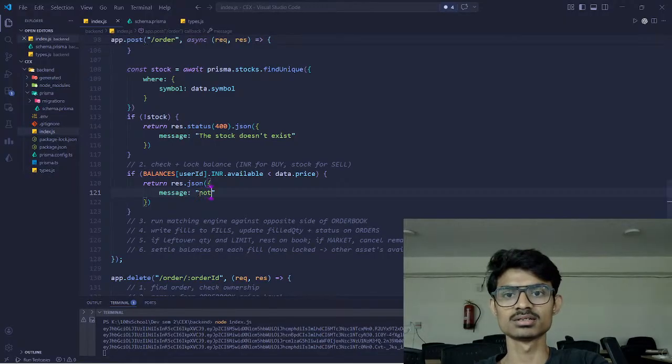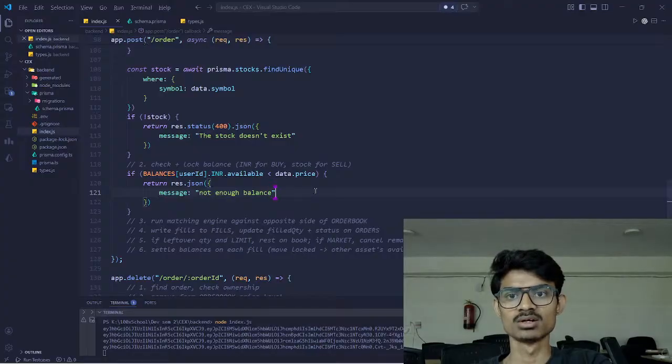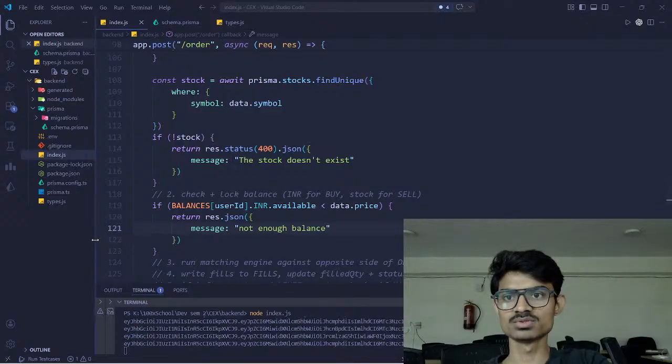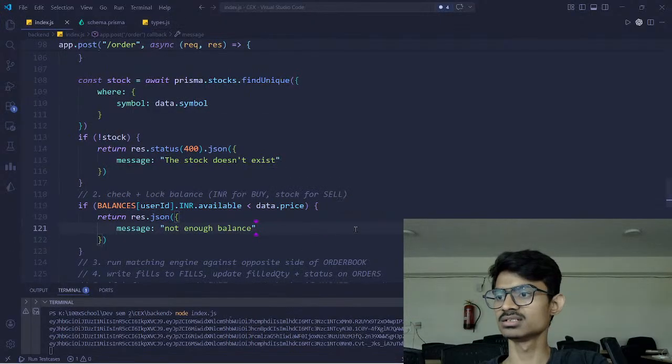And not enough balance. All right. I should zoom in a little bit so you guys can see. File structure we don't want to see for now. We're just writing.